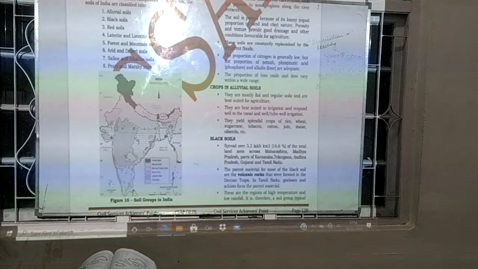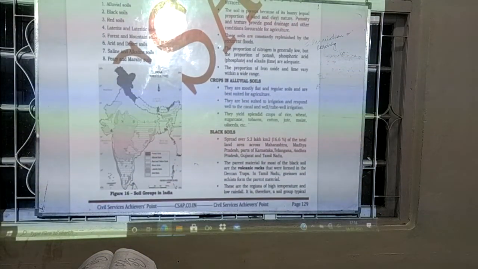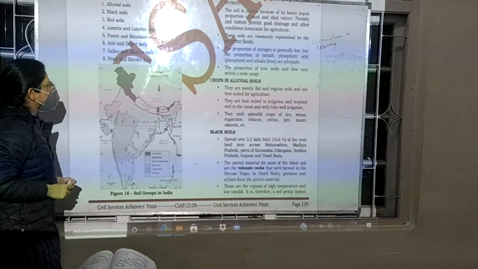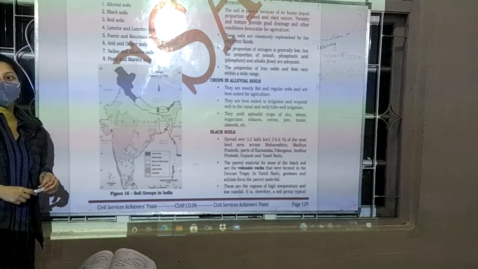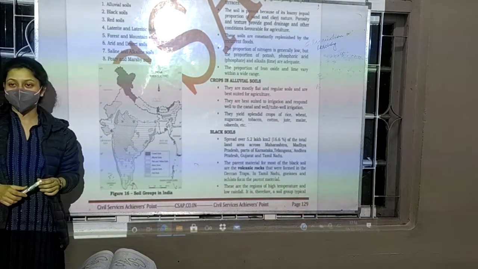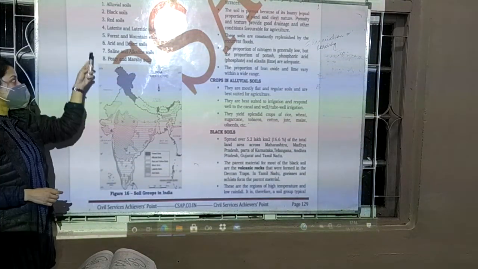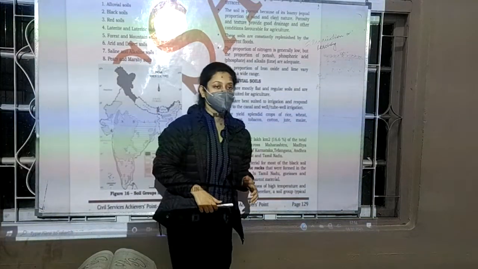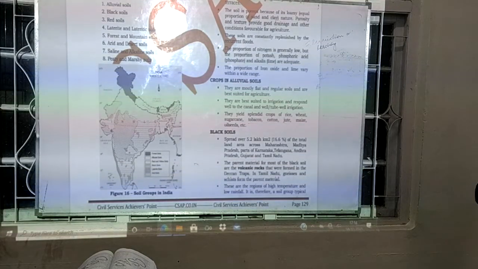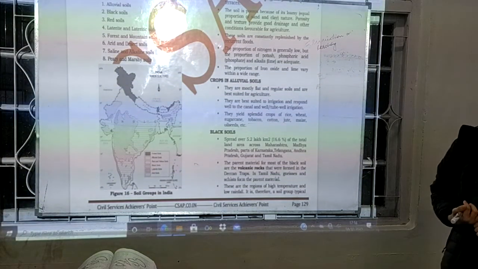Let's come to the major soil types of India. Let's come to this map. So, what are the major soil types of India? Alluvial. Can you just read this out loudly so that we are familiar with the names? What are they? Number 1 is? Number 2 is?